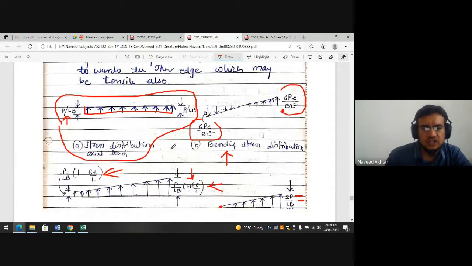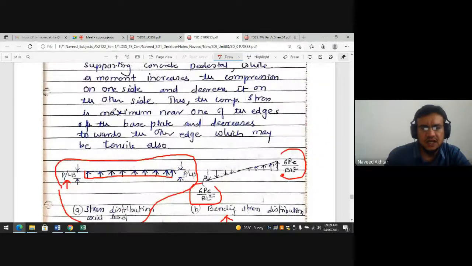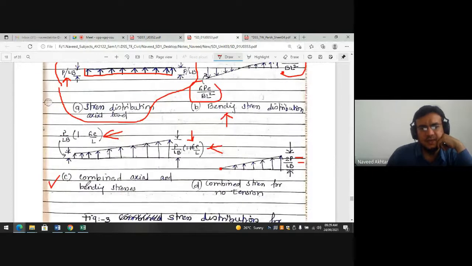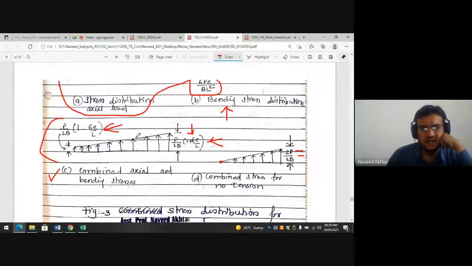So you can see the difference here. The stress distribution is uniform if there is axial load. If there is bending moment, the stress distribution is like that. If combined axial load and bending moment are there, then the stress distribution of the base plate will be like that. Combined stress for no tension is like that.